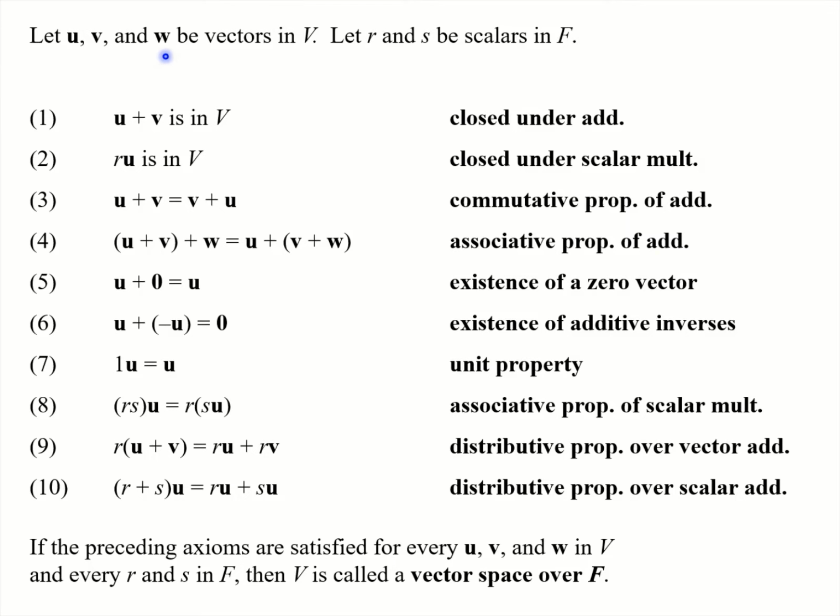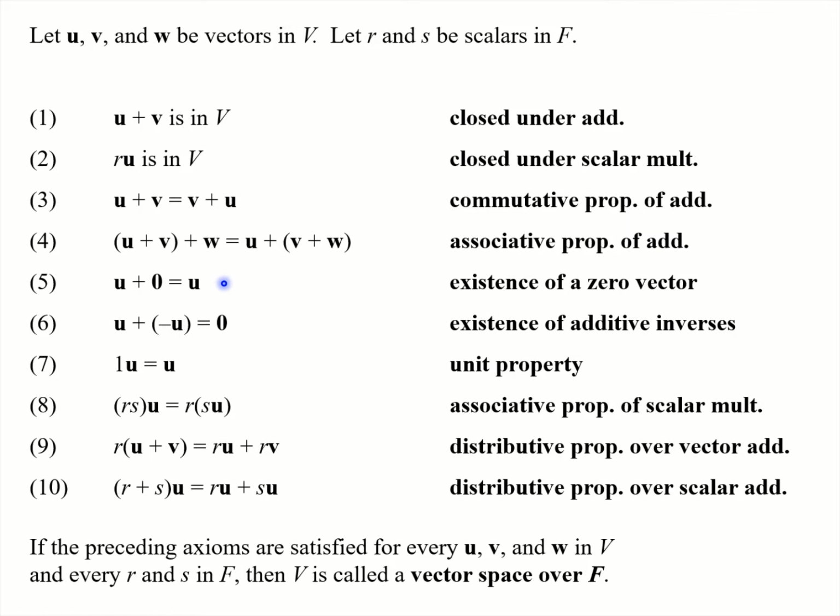R2 and R3 are just some specific examples of vector spaces. So you've got these vectors, and you've got scalars. u plus v is in V, so closed under addition. r times u is in V, closed under scalar multiplication, and then you've got the commutative property and the associative property of addition.